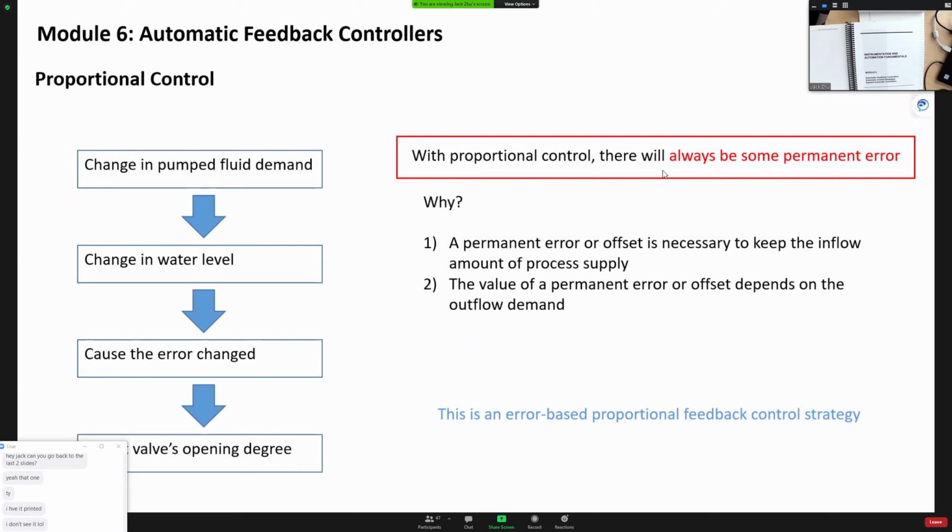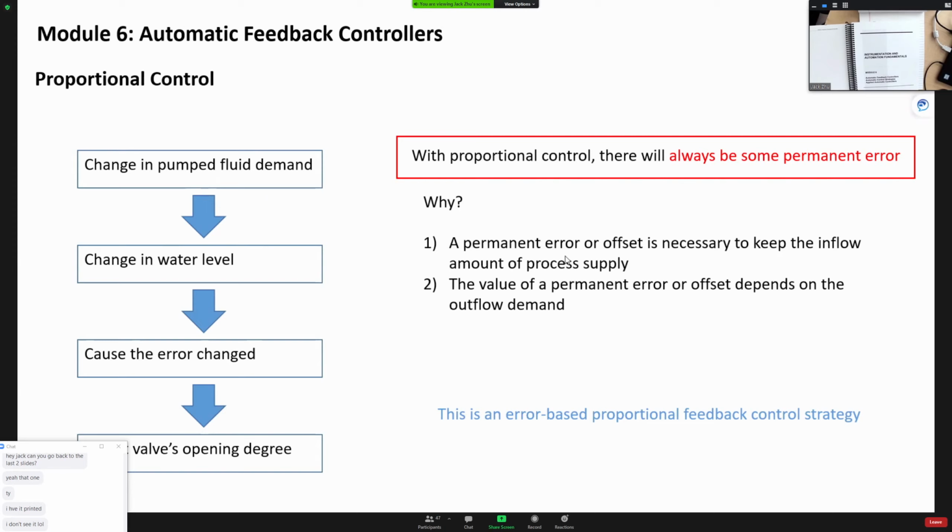With proportional control, there will always be some permanent error. This error is the liquid level in the tank. So when you're using proportional control and the demand changes, you're not going to come back to the original liquid level anymore. The liquid level has to go either lower or higher to do this proportional control.